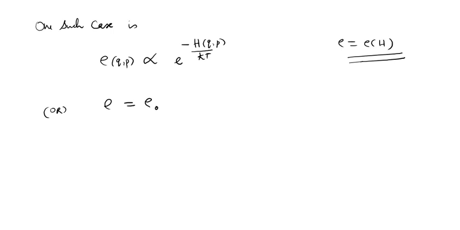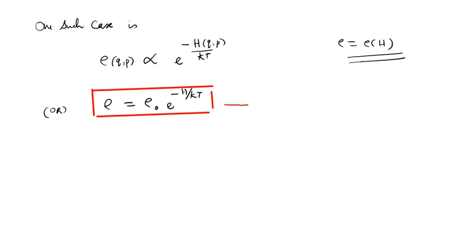So rho is equal to rho 0 into e raised to minus H by kT. This is quite relevant, and we will be using this particular equation repeatedly later. Let me call this equation number 3.